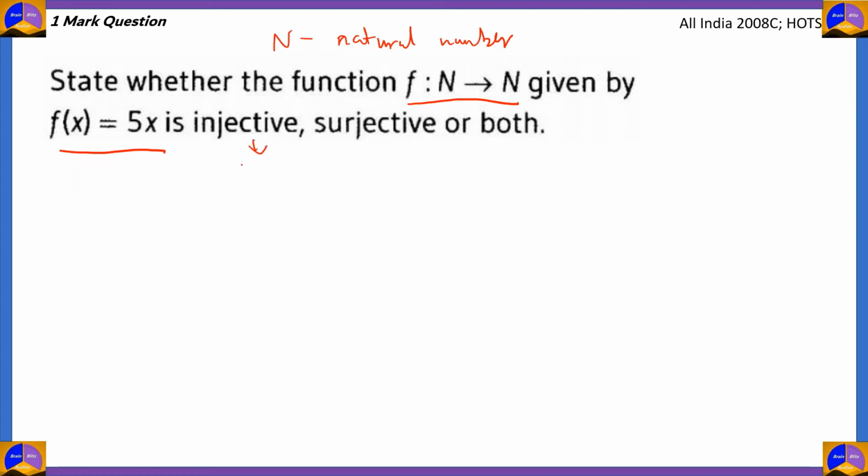For a function to be injective, it has to be 1-1. For a function to be surjective, it has to be onto. And for a bijective function, it has to be both 1-1 and onto. So that function is known as bijective.